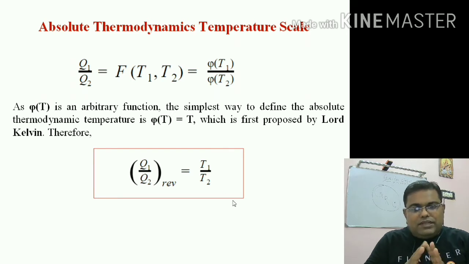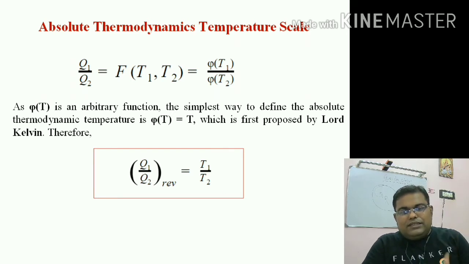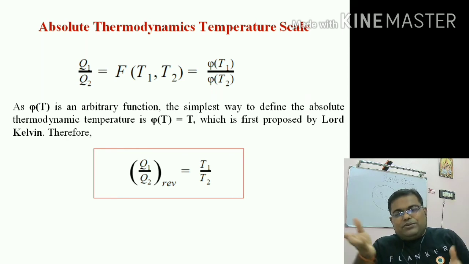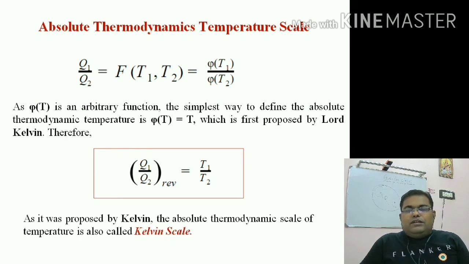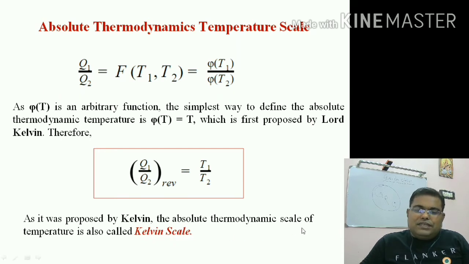So from here we came to know that the heat transfer between any two points along the scale will be the ratio of temperature at corresponding points. So Q1 by Q2 is equal to T1 by T2. It was proposed by Kelvin, and the absolute thermodynamic temperature scale is also known as the Kelvin scale.